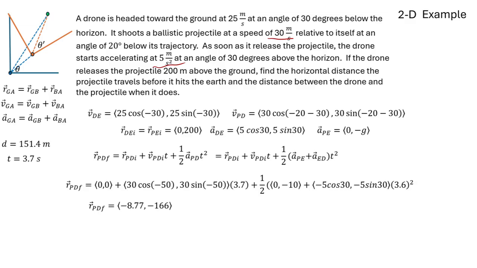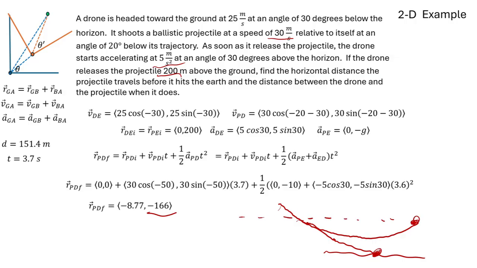And moreover, the projectile is underneath the drone, as we would expect, and it's less than 200 meters beneath the drone. Why is that? Because the drone is originally headed downward and the projectile continues that path, but the drone starts accelerating out of that path, and perhaps by the time the projectile hits the ground, the drone still hasn't made it all the way back up to where it started.